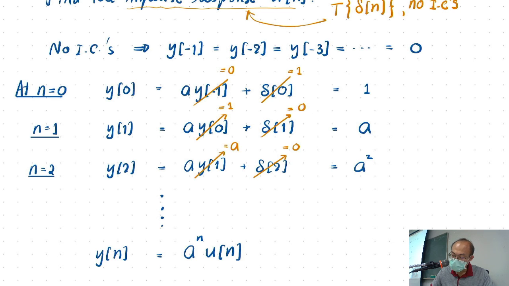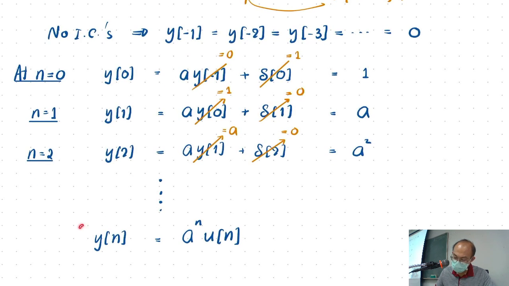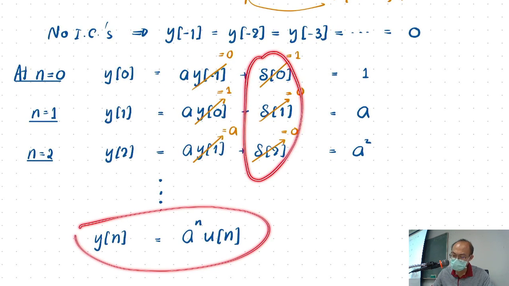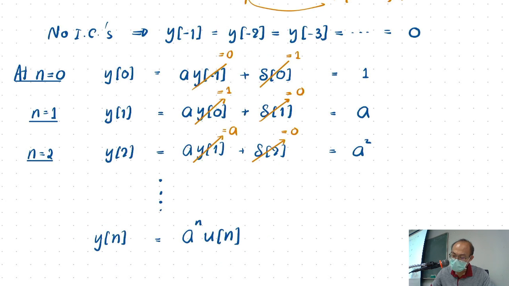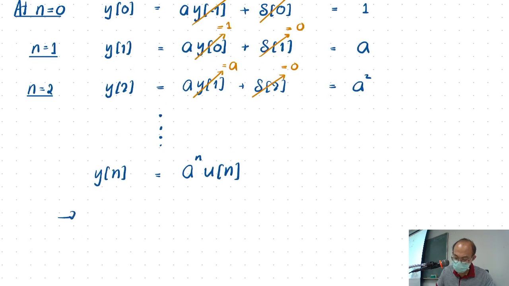And because this is the output when the input is the impulse signal with no initial conditions, we know that this signal is actually the impulse response. So we can conclude that the impulse response of this system is a to the n u[n].